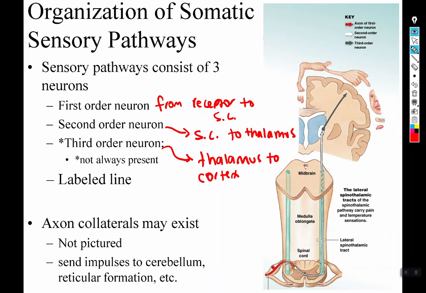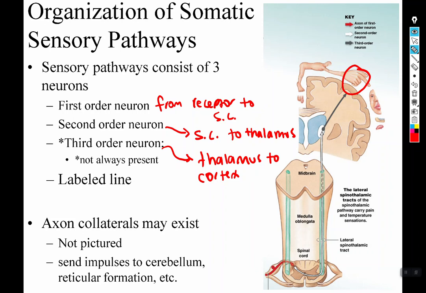So I'm going to provide a third order neuron that is specific to touch and specific to that hand region, and I'm going to project it up to the hand area of the post-central gyrus. There are some cases where the third order neuron isn't always present, but that's on a case-by-case basis, so we're not going to talk much about that.